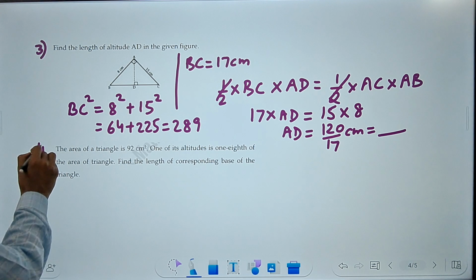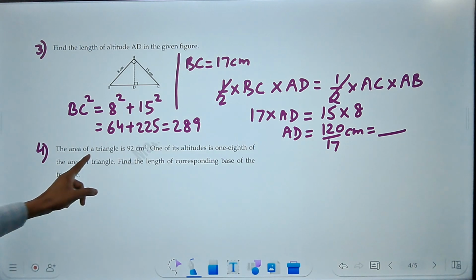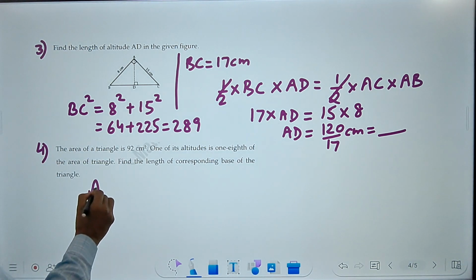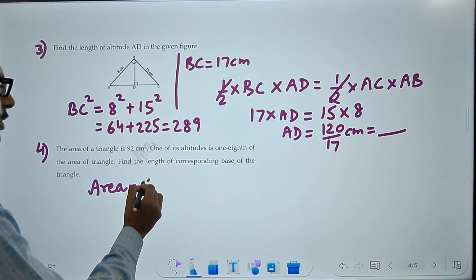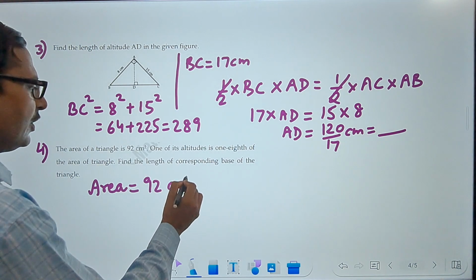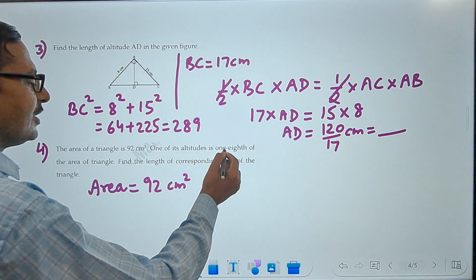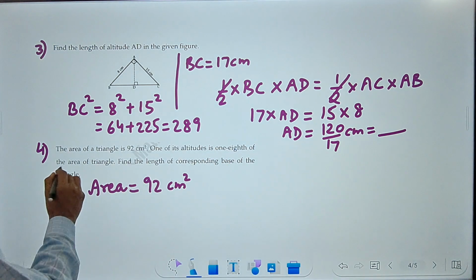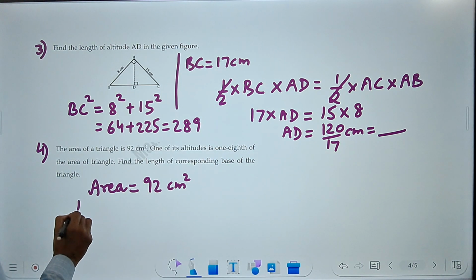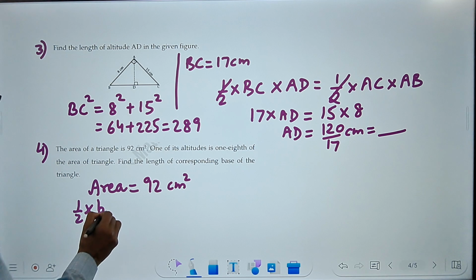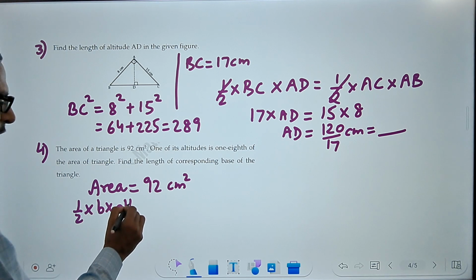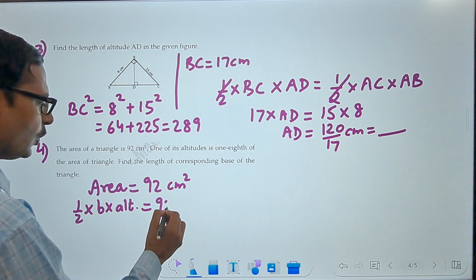Now the question number 4. Area of a triangle is given. So area is 92 centimeter square. One of its altitudes is 1/8 of the area of triangle. So area of triangle, the formula is half into base into altitude. Area, that is given as 92, right?